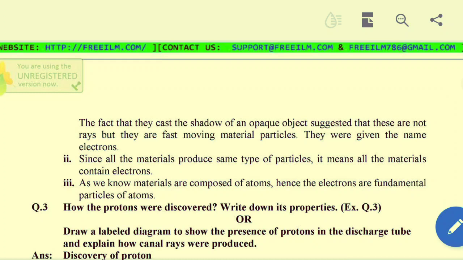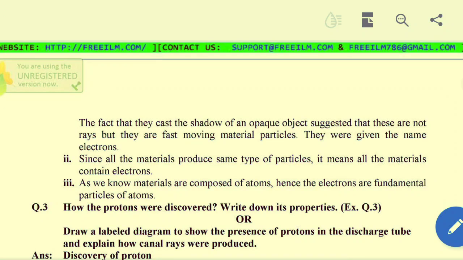Since all materials produce the same type of particles, it means all materials contain electrons. We have already discussed that all the elements contain the same type of electron. That's why the same type of rays are produced. From this experiment, they predicted that if all materials produce the same type of rays, it means all materials contain electrons, because at that time we didn't know about the presence of electrons.